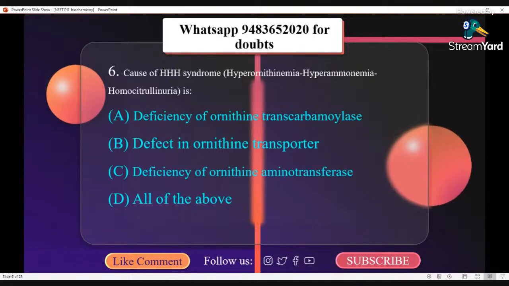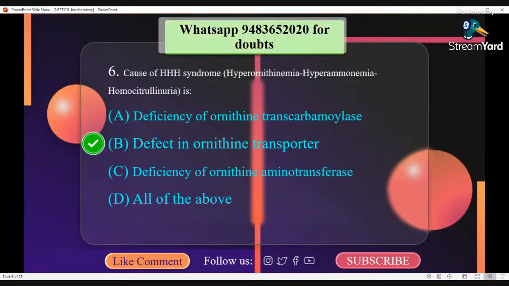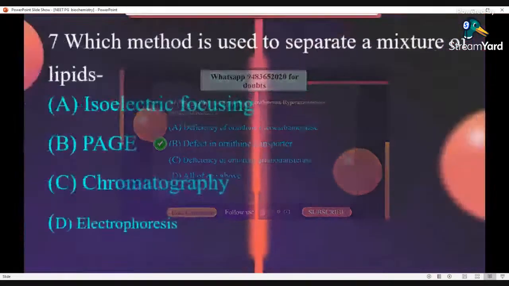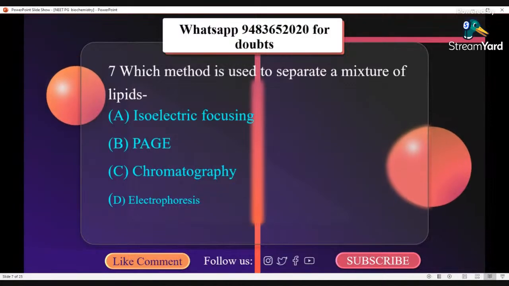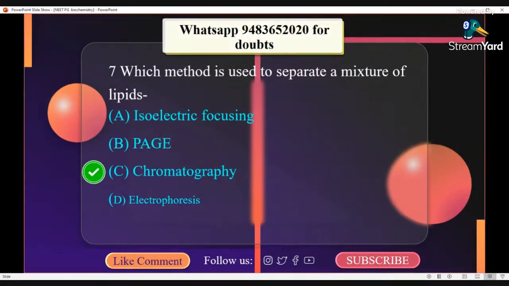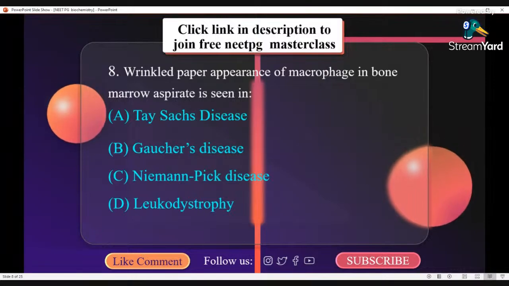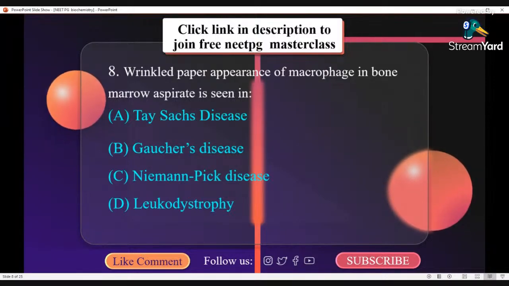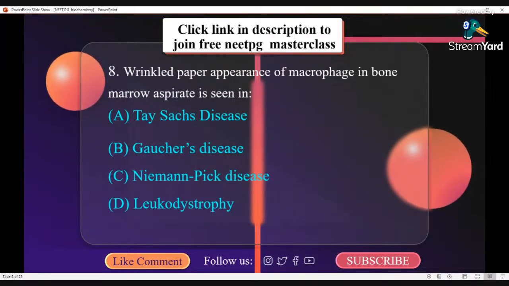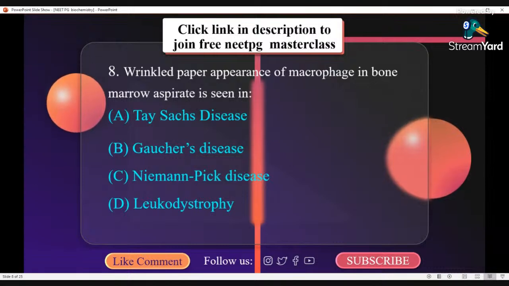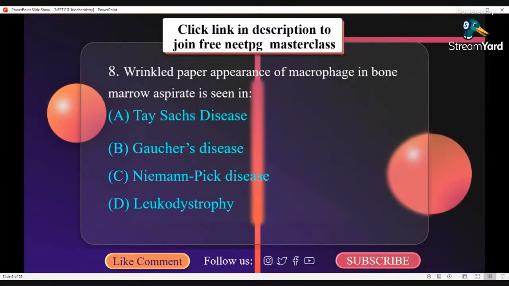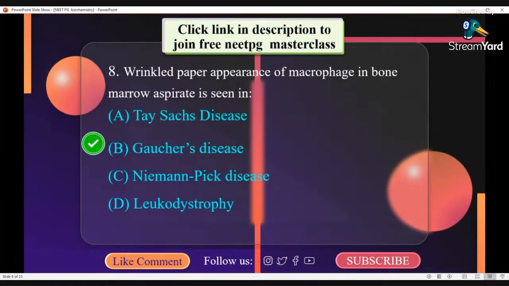Cause of HHH syndrome is deficiency of ornithine transporter. Which method is used to separate a mixture of lipids? Chromatography. Wrinkled paper appearance, Gaucher's disease.